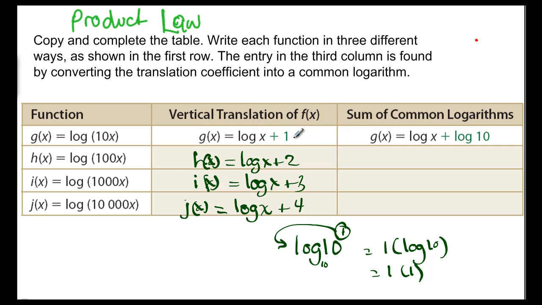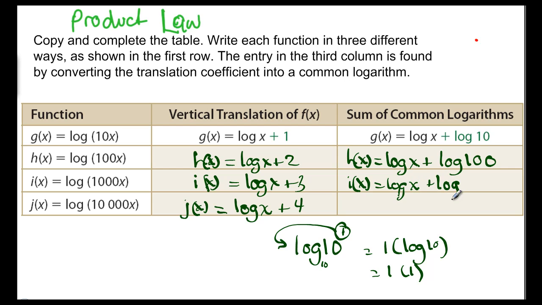Let's take the 1 and rewrite it as log of 10. So in h of x, it should be log of x, not plus 2, but the equivalent of 2, which is log of 100. And i of x is going to be the log of x plus the log of 1,000.